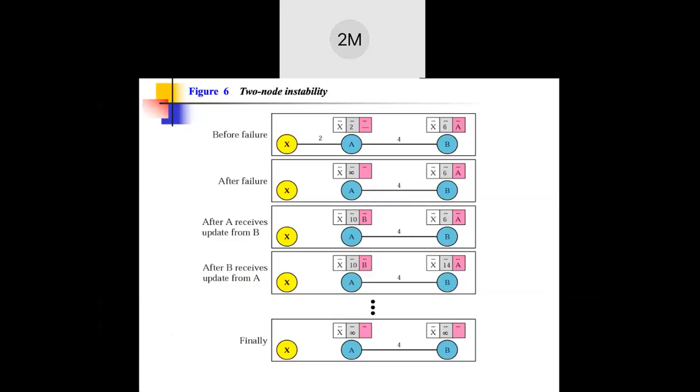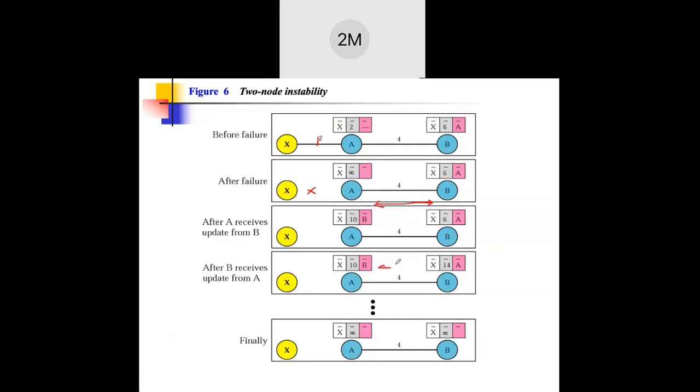Now, one interesting phenomenon we have already seen is called two-node instability. Interesting figure where this particular connection gets disconnected here, and because of entry availability, these two nodes start exchanging the table.